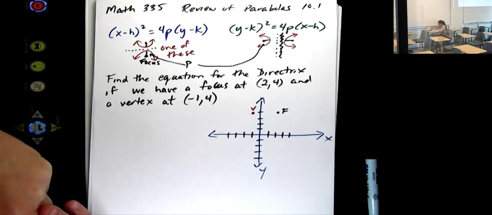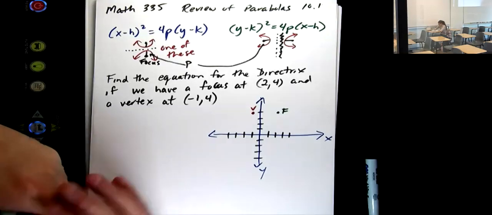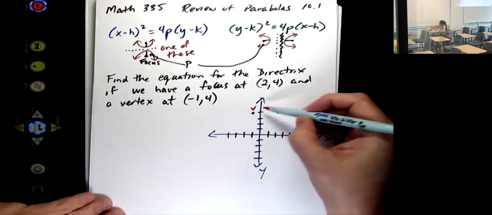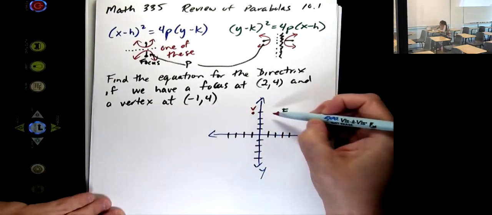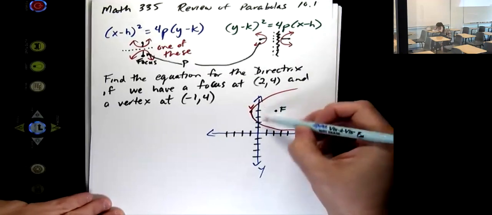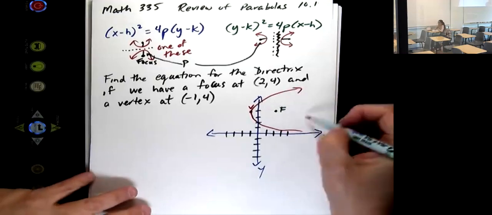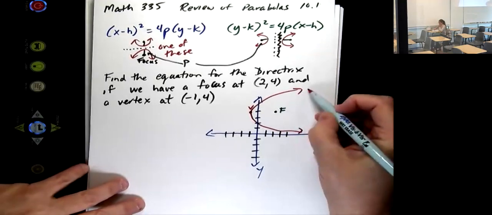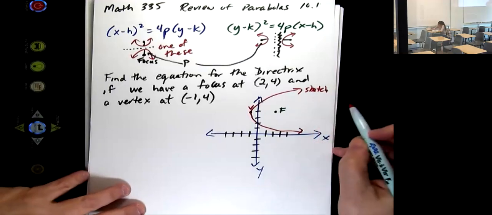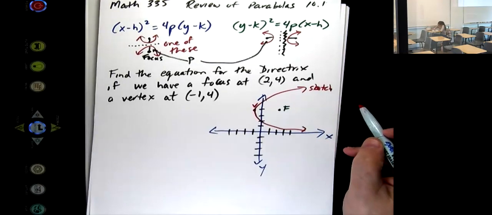Now, without being too particular, I do know that the focus is enwrapped by the parabola, so it should go like that. I don't think it's going to cross the y-axis where I showed it, but this is just a sketch. I'm not sure where it crosses. I do know it opens to the right to capture F.